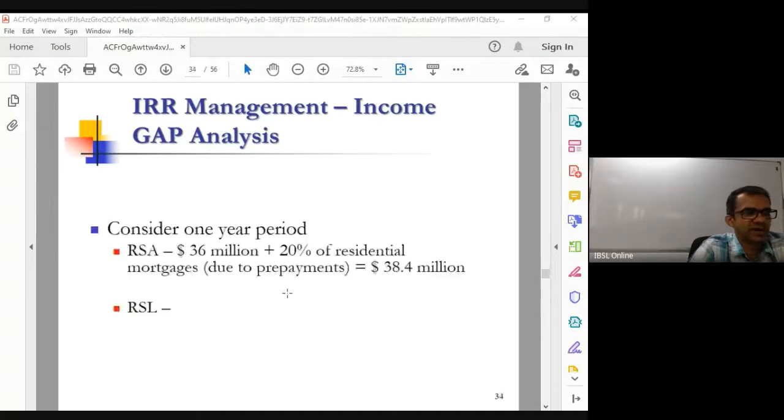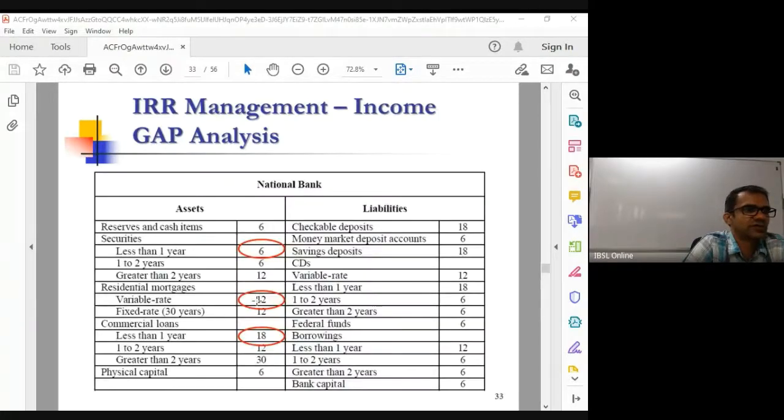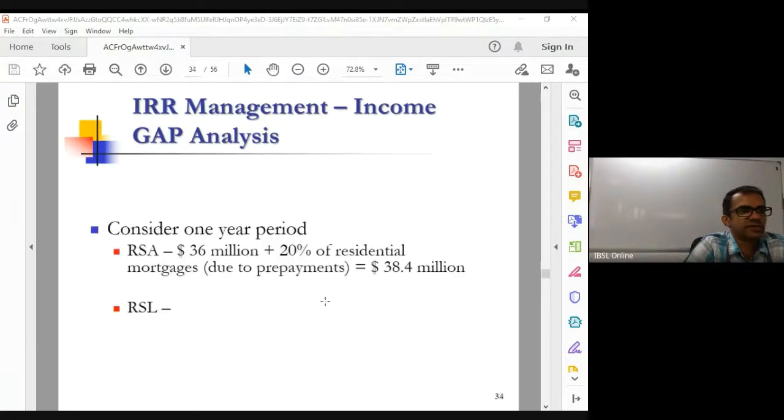So what the bank has done, they assume 20% of residential mortgages prepay within a 1 year period. So that comes to 20% of this 12, up to 2.4 million altogether. Therefore, rate sensitive assets are 38.4 million.